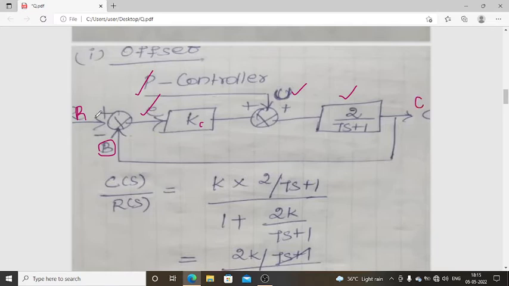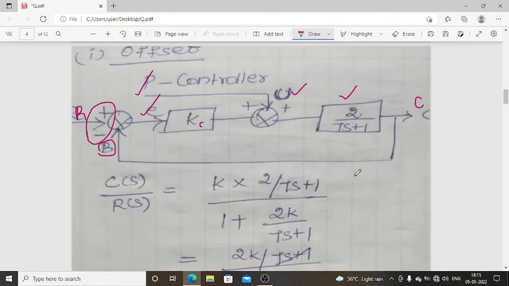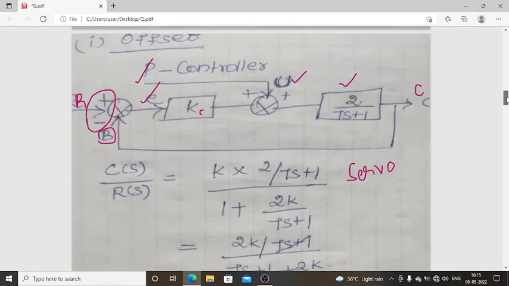Here the plus minus indicates a negative feedback control system. This is the servo mechanism, or servo control problem. So C of S by R of S: what is the formula? For servo mechanism, for a negative feedback control system, it is the product of transfer functions between C and R divided by 1 plus the product of transfer functions in the entire loop.